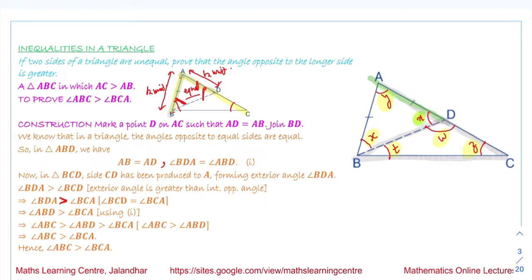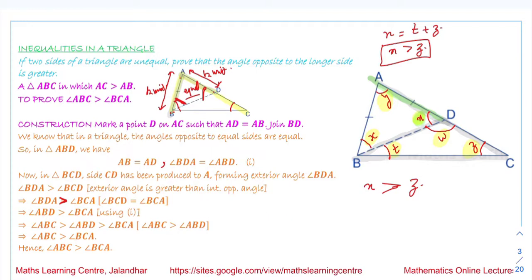So X will be equal to T plus Z. So X is greater than Z. You know that the exterior angle is greater than the corresponding interior angles. So the first thing we get from here is that X is greater than Z.